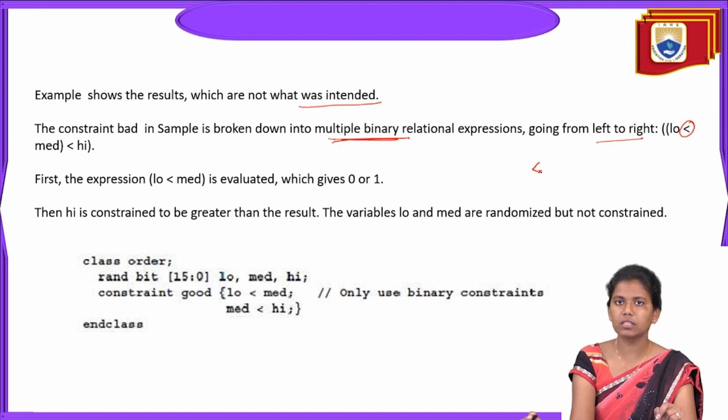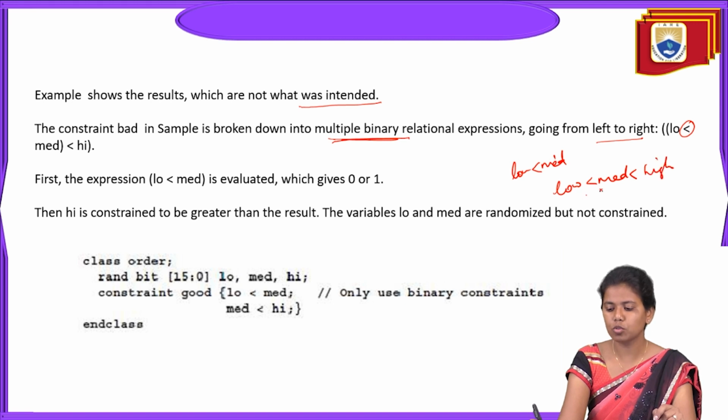One time, if you are considering, it is fine: low is less than medium. But here what we have seen is low is less than medium is less than high. So multiple times the relational operator is occurring, and the given example can be broken down because the relational operator is repeated.